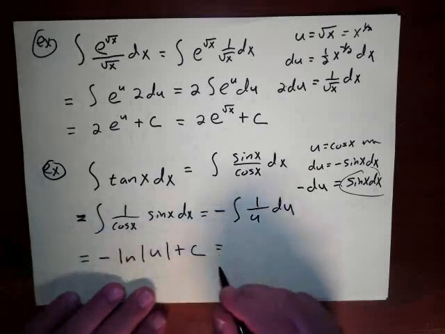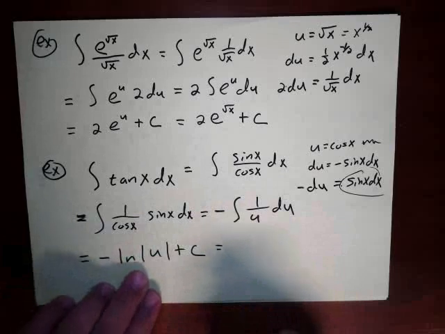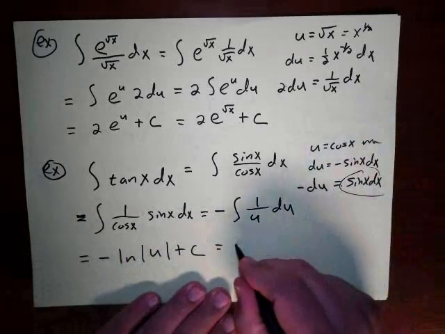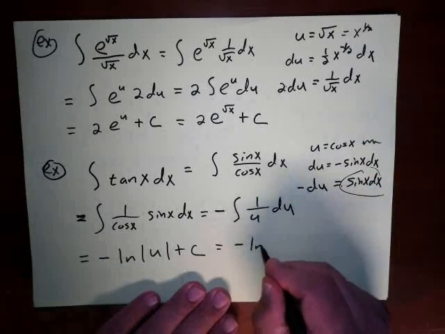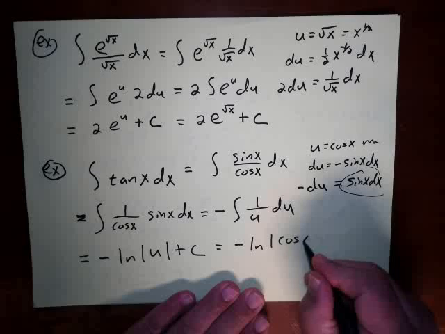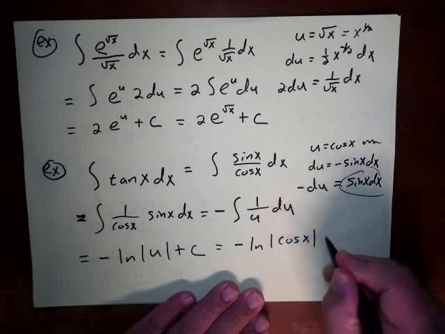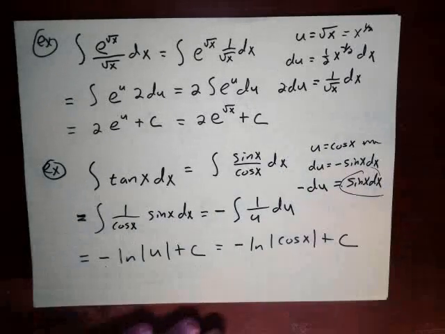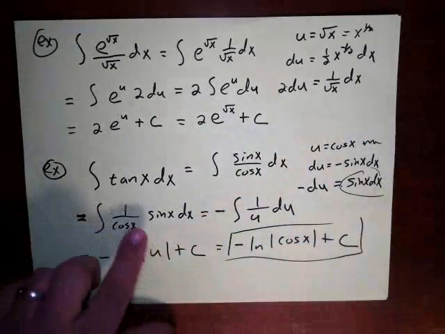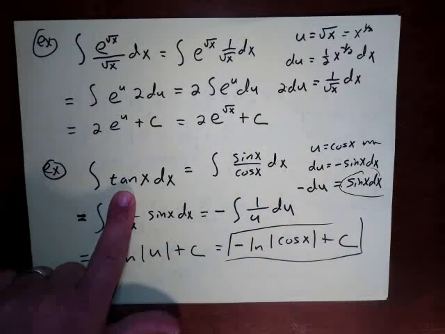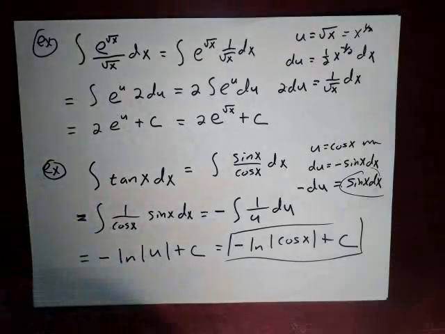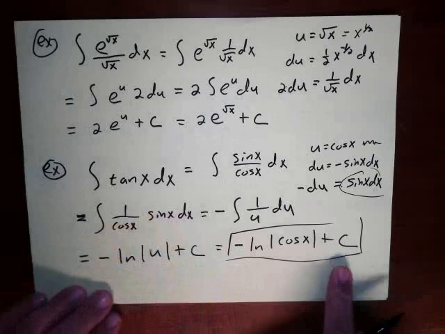And so in for u, then I can put the cosine of x. So this is minus natural log of the absolute value of cosine of x plus c. So there, that is actually the antiderivative of tangent of x. Kind of a weird antiderivative, but that is the antiderivative.